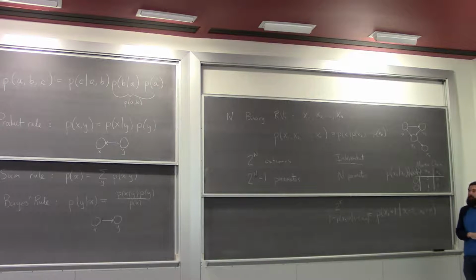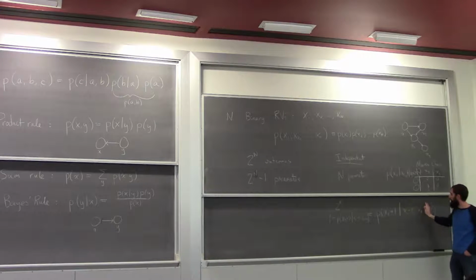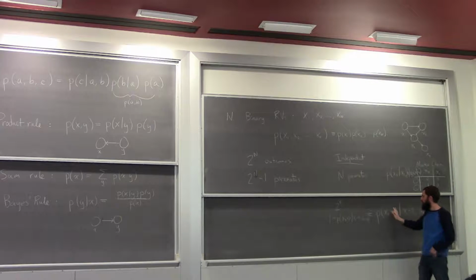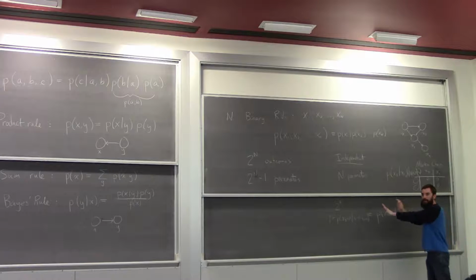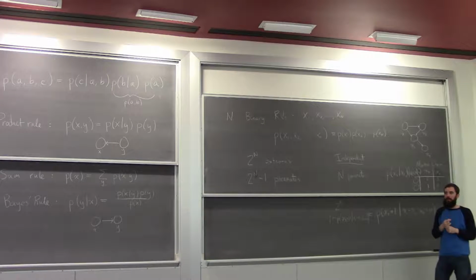So for each row, I fix the things in the conditional, then the complement rule still holds for the thing on the left-hand side of the conditional, if that makes sense.